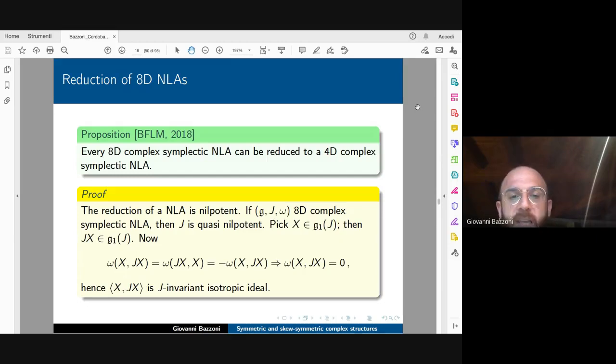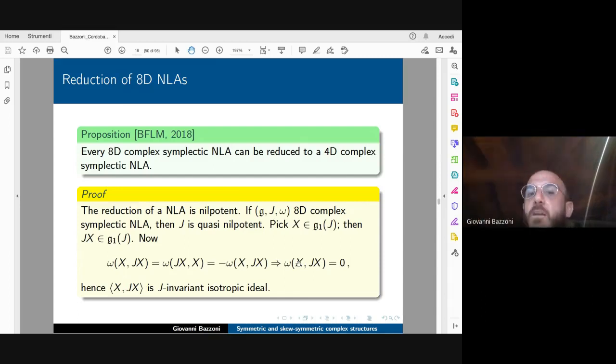And then you see that the ideal generated by x and J of x is not only J-invariant, of course, but also isotropic. The first equality comes from the symmetry of J with respect to omega, and this comes from the fact that omega is a 2-form. So when you switch the arguments, the sign has to change, and this leaves no choice but omega(x, J of x) being 0. So it's very simple. Okay, so we can reduce every 8-dimensional complex symplectic nilpotent Lie algebra to 4 dimensions.